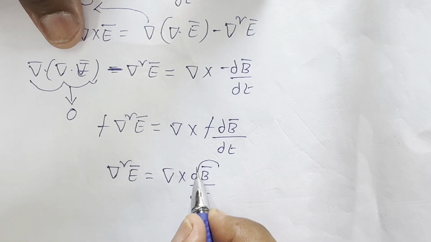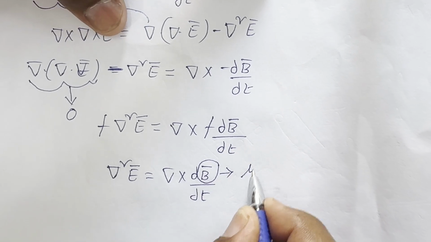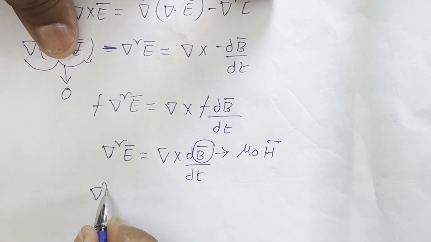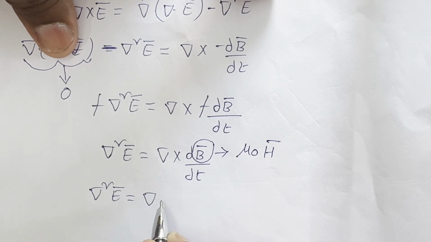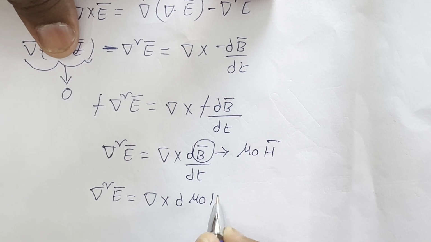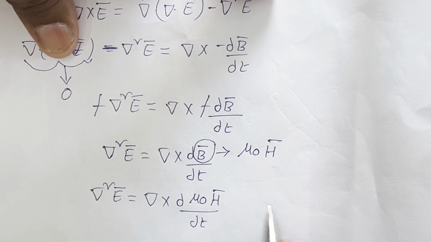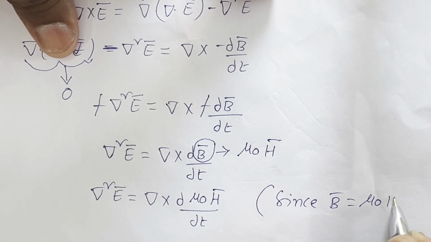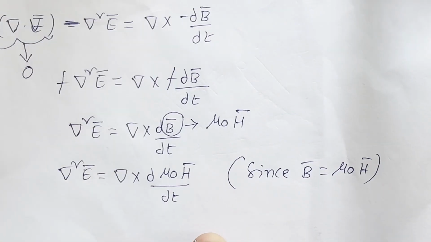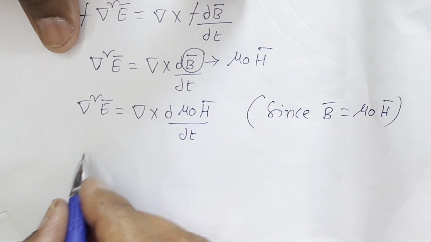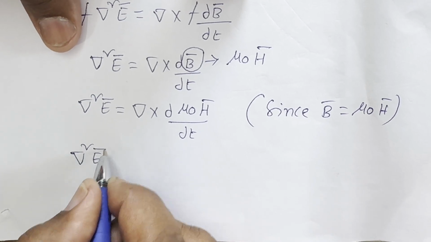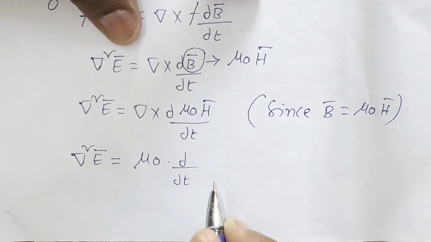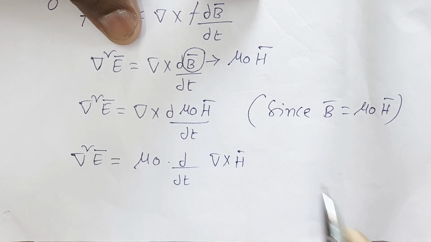Now we know that B bar can be written as mu naught H bar. So by substituting that value, del square E bar equal to del cross dou mu naught H bar by dou t. Since B bar equals mu naught H bar, del square E bar is equal to mu naught into dou by dou t into del cross H bar.